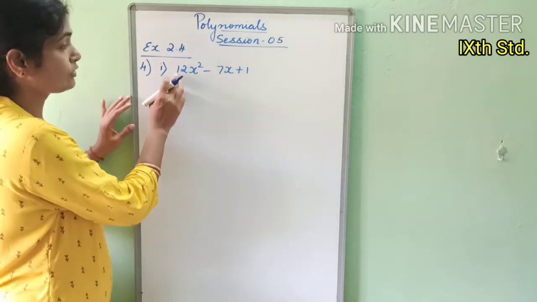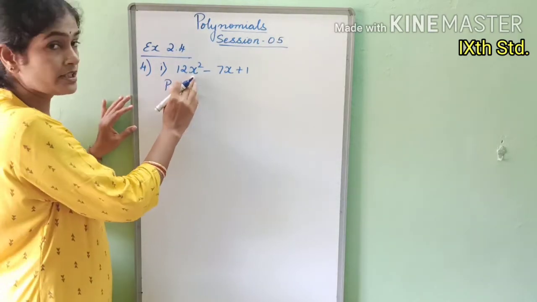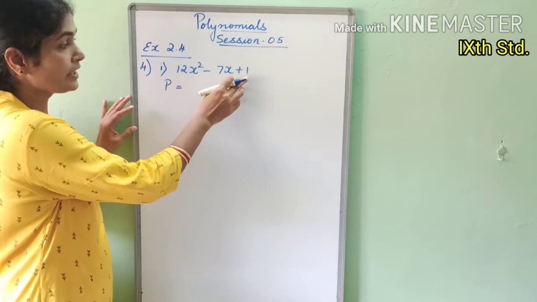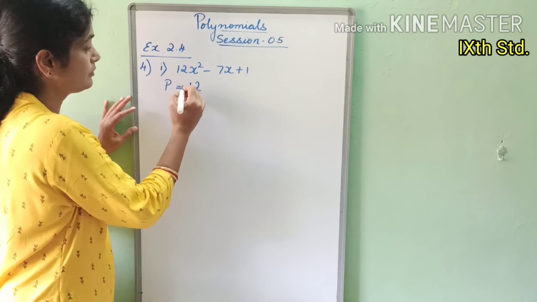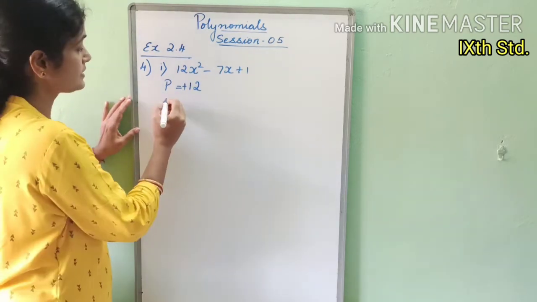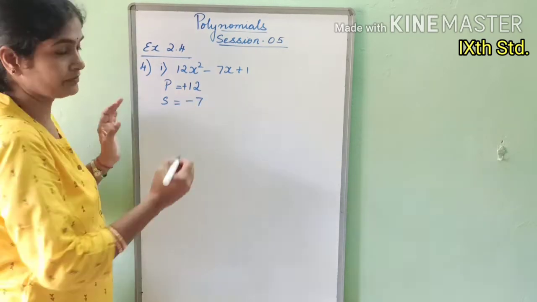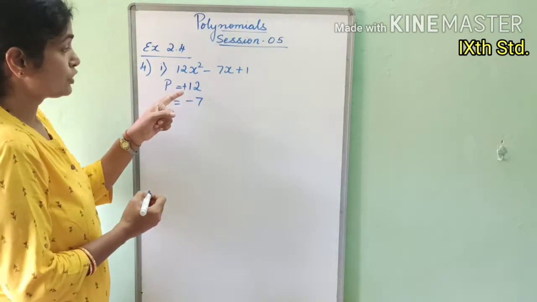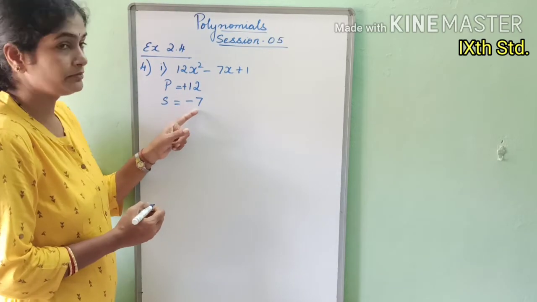Just find out the product p. Product is the coefficient of x square times the constant. So 12 into 1 is 12, positive, and the sum is minus 7.